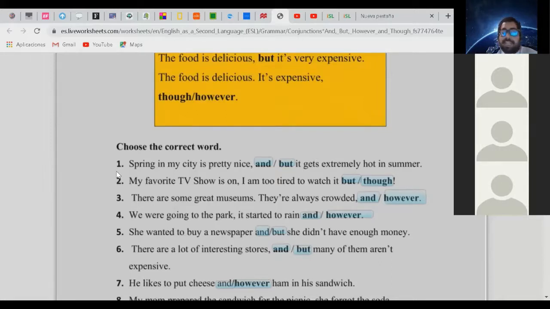Spring in my city is pretty nice, as Ali read, and or but. We have the two options. What do you think, guys? They are adding ideas or they are making a contrast? ¿Cuál calza más, guys? Basically, that's my question, okay? Ali says, but. So, spring in my city is pretty nice. Y acá haríamos un contrast. But it gets extremely hot in summer.